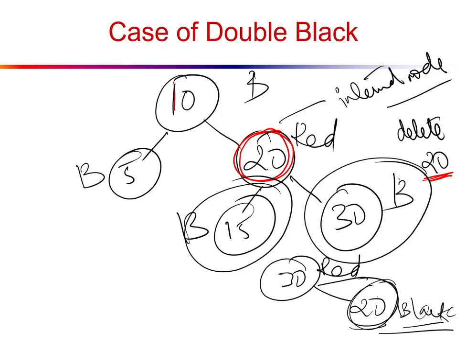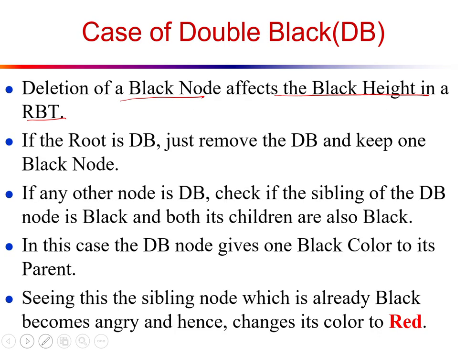So the question occurs to our mind many times: a node can be deleted when it is at a leaf position, plus a node can only be deleted when it is red in color. So why does black color affect a red black tree? Because one of the most important properties of red black trees is the concept of black height.